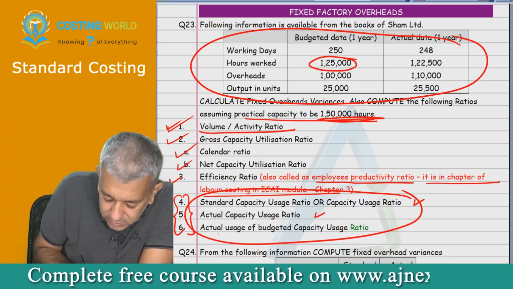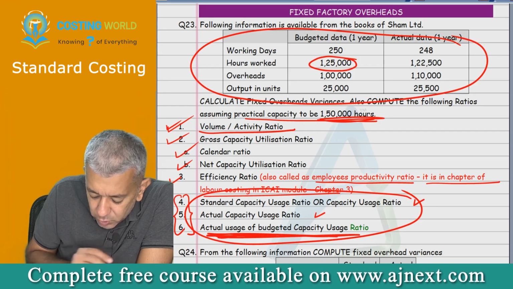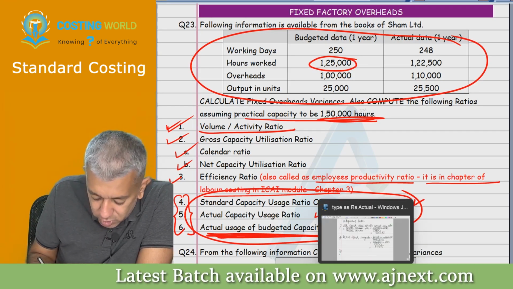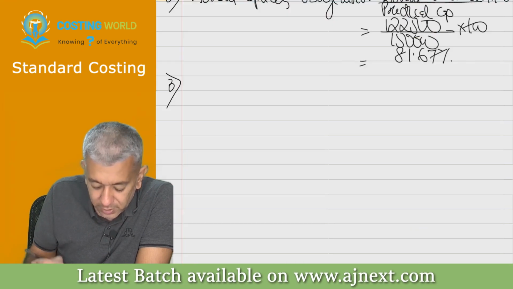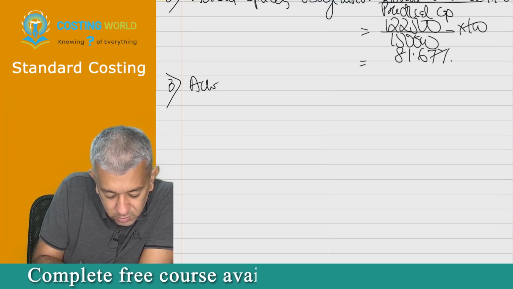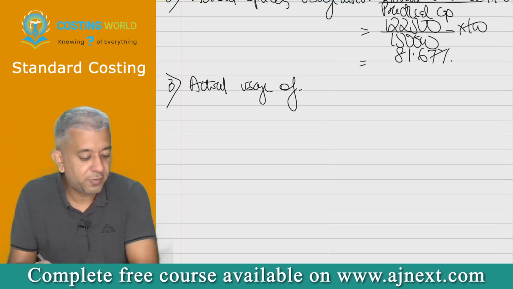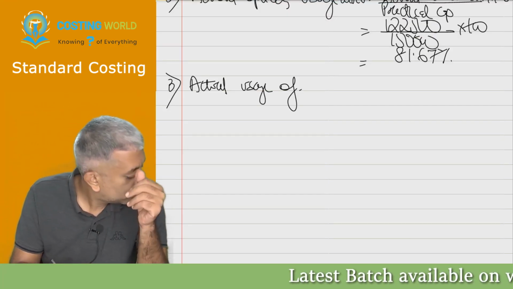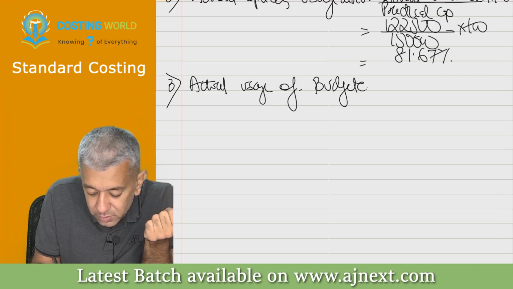Third. Now this is a super big name. Listen. Actual usage of budgeted capacity usage ratio. We'll write it only. Write down actual usage of budgeted capacity usage ratio.